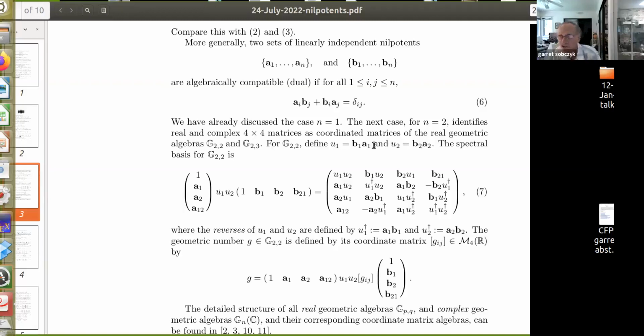These are idempotents, just for the same reason that they're idempotents for A and B. Okay, now define this space as 1, A1, A2, A12. That's a Grassmann algebra. Now we put it in between U1 times U2. U1 times U2 is just A1 B1 times B2 A2.